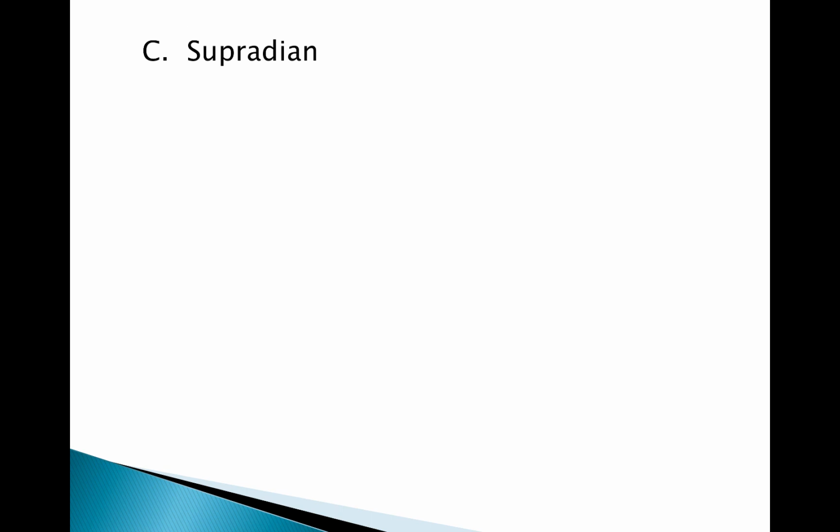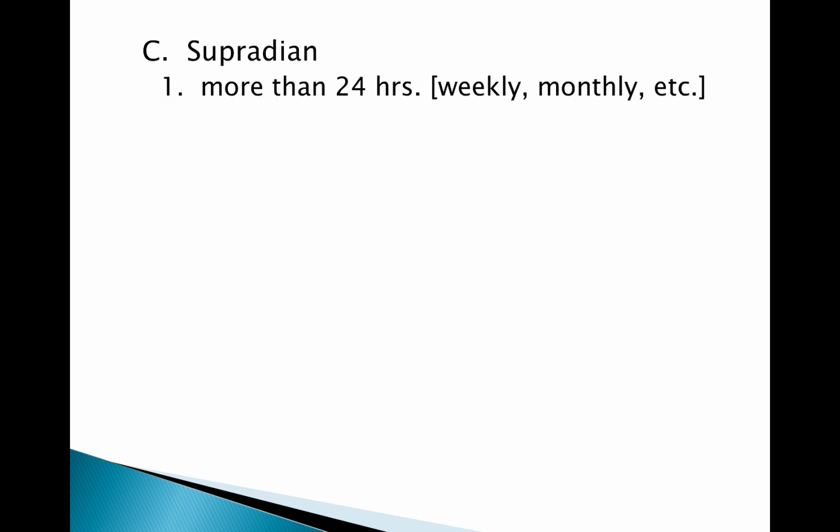Okay, and then infradian. Think above a day or more than a day. It would be more than 24 hours. It could be weekly, it could be monthly, or it could be seasonally.